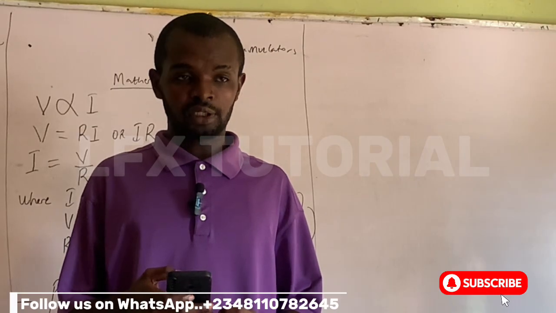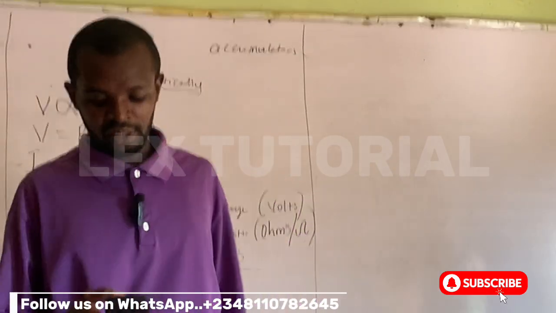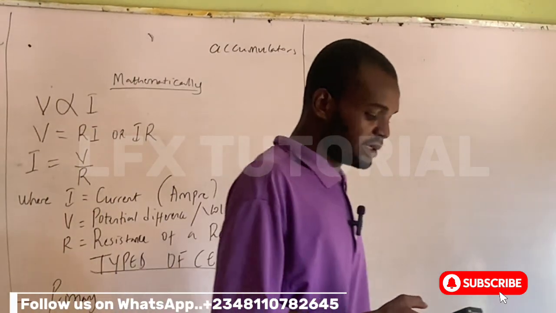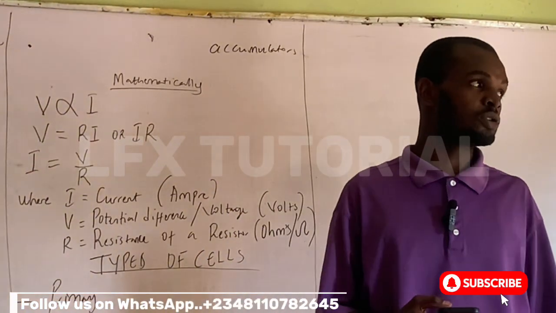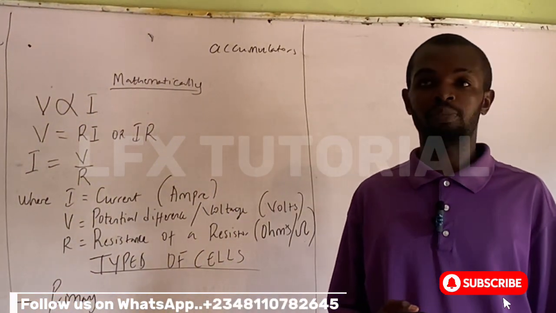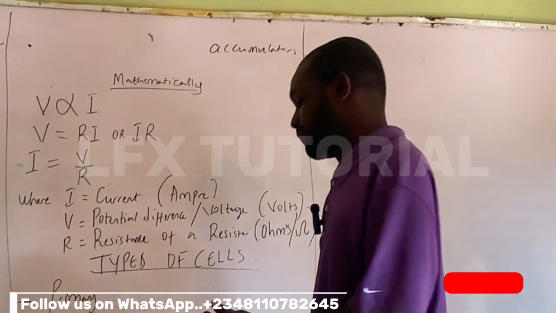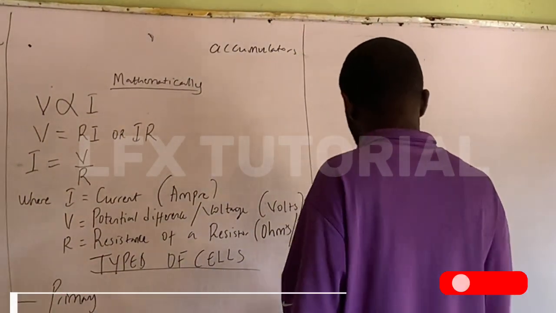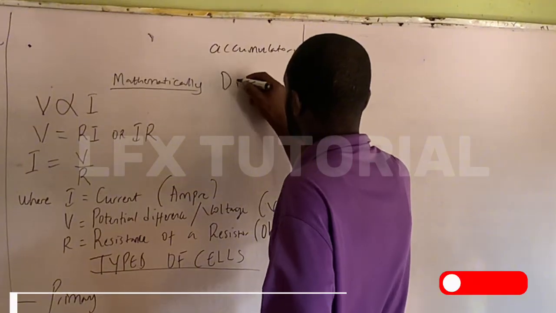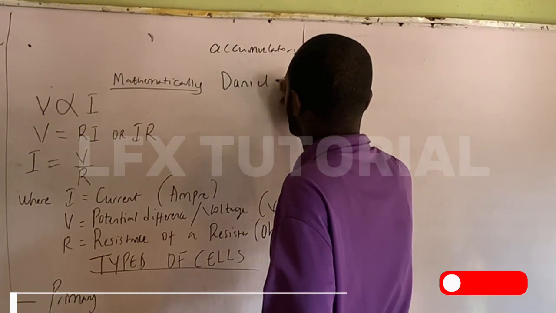Full stop. Types of primary cell. Number one, we have the Leclanché cell, and what?